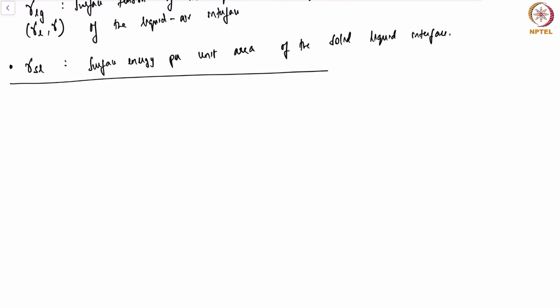Now what we will do is, having defined these three surface energies, we can define a new parameter called the spreading parameter. How do we do this? Let us first examine the free energies of the two configurations.